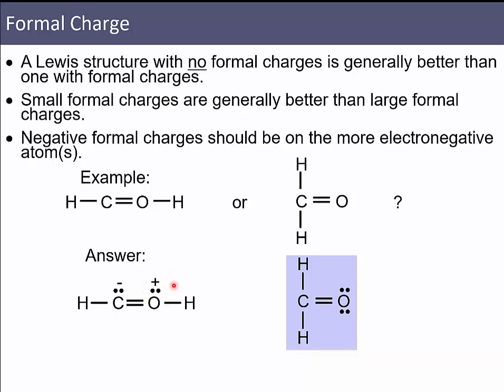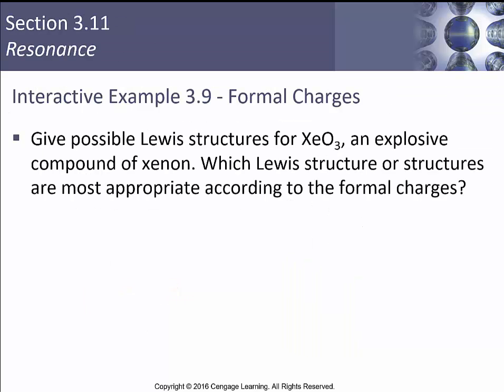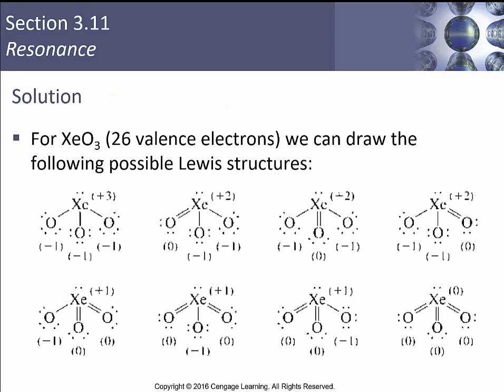electronegative atom. So let's give some possible Lewis structures for xenon trioxide, an explosive compound of xenon. Which Lewis structure or structures are going to be most appropriate according to the formal charges? With our 26 valence electrons, we're going to draw the following possible Lewis structures. We can have ones where we're single bonding the oxygens to the xenon, putting a -1 charge on our oxygens and a +3 charge on our xenon.